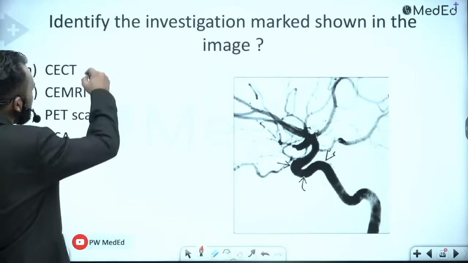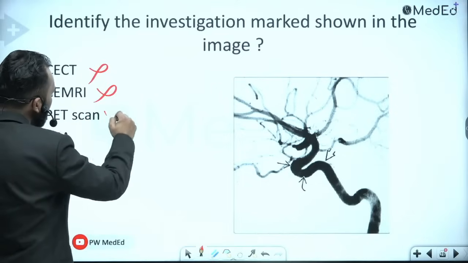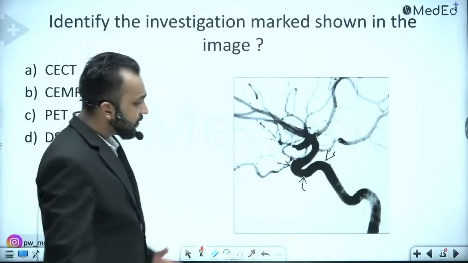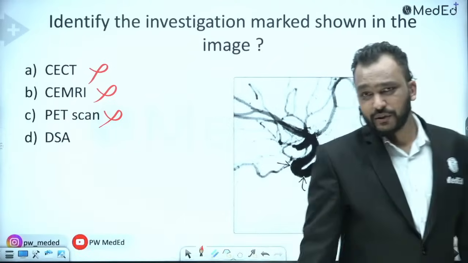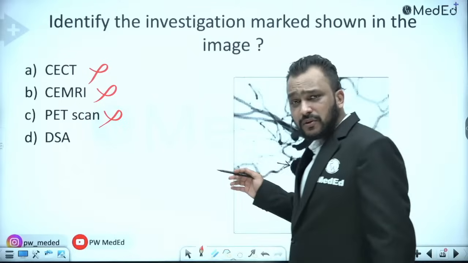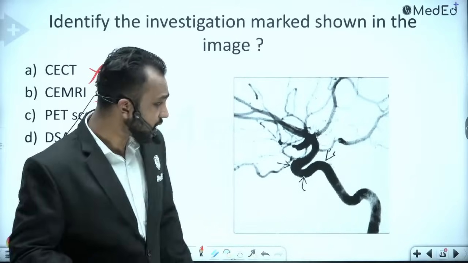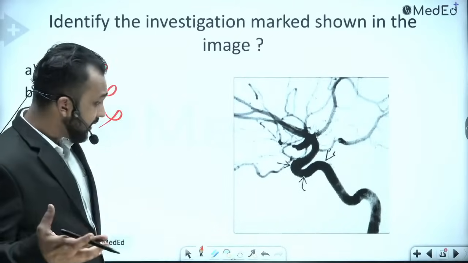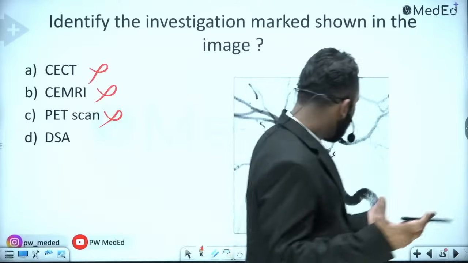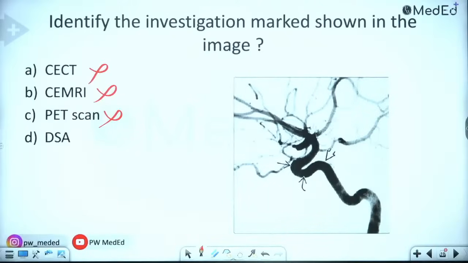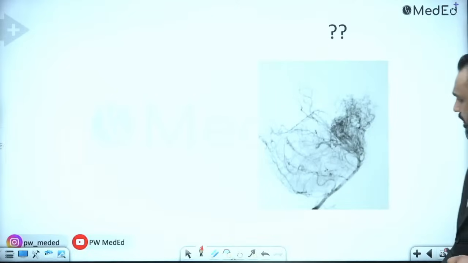No, this is not a CCT image, this is not an MRI image, this is not a PET scan. This is your digital subtraction angiography image. It is used to look for any aneurysm, to look for any thrombus within any intracranial artery. You will do a digital subtraction angiography.